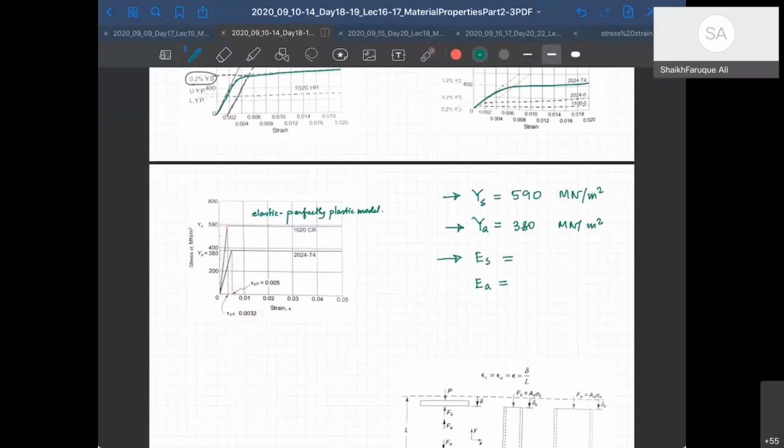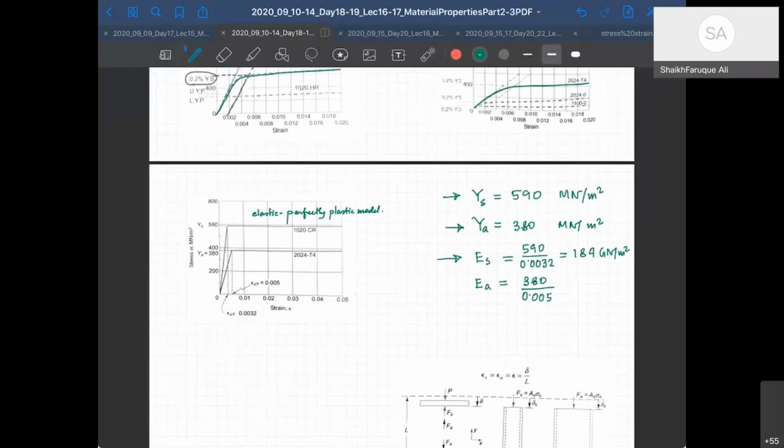So this is going to be 590 divided by 0.0032, which comes out to around 184 giganewton per meter square. And this comes out to be 380 divided by 0.005.